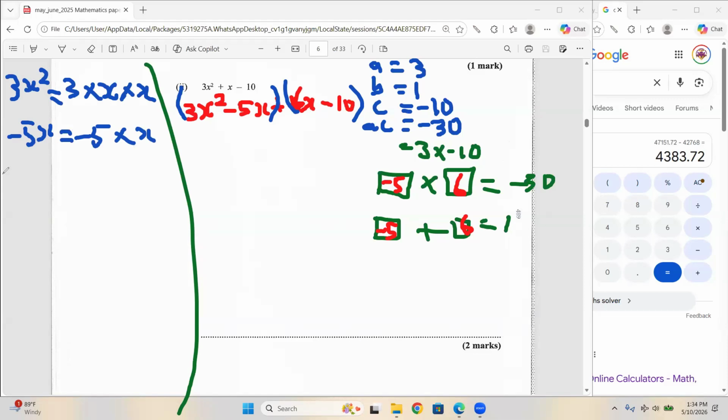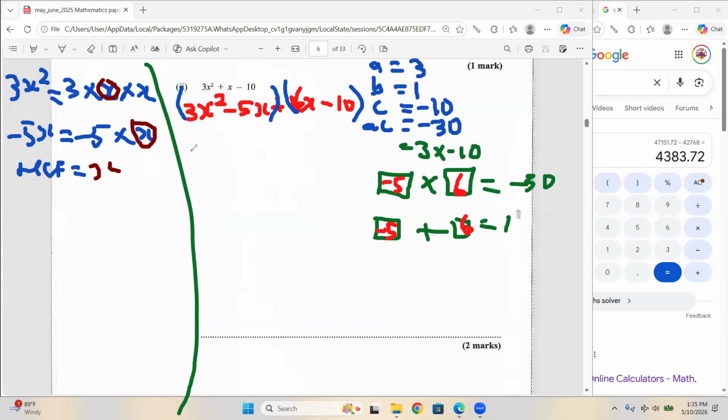What do they have in common? So we're looking for the HCF, highest common factor. They have an x in common. So that's the only thing they have in common, apparently. Because I'm not getting anything else in common.